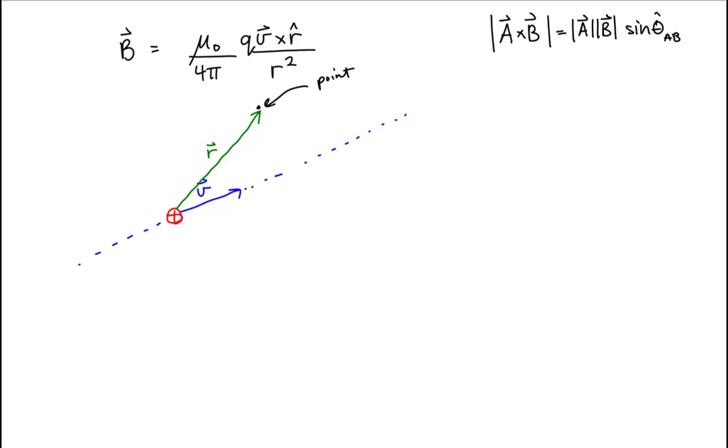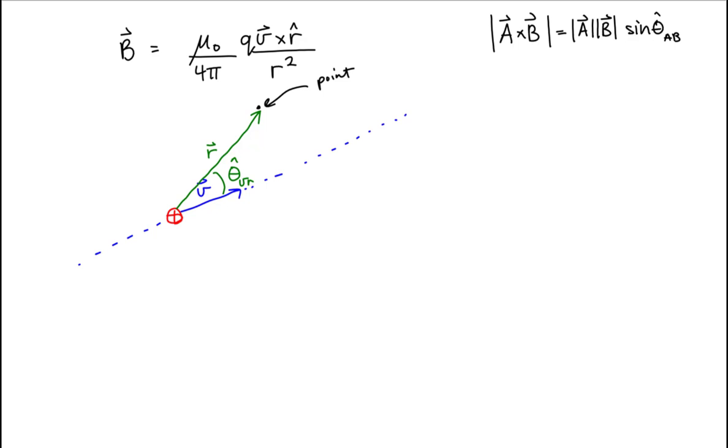Now there is an angle between our r vector and the velocity vector, and that's this angle right here. We'll label it as the reference angle between the line of velocity, or the velocity vector, and our relative position vector.